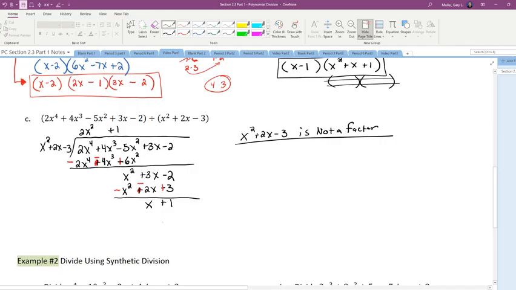So the best I can do is answer the question about what I got when I divide, but I cannot really continue to factor this. So the question then is, how do I respond? How do I answer this question? Okay.